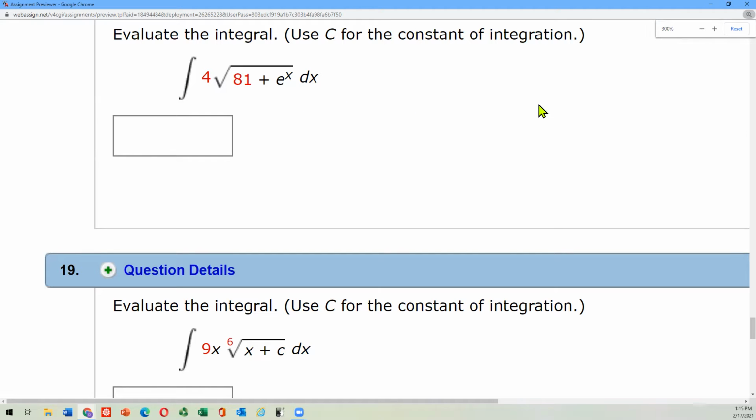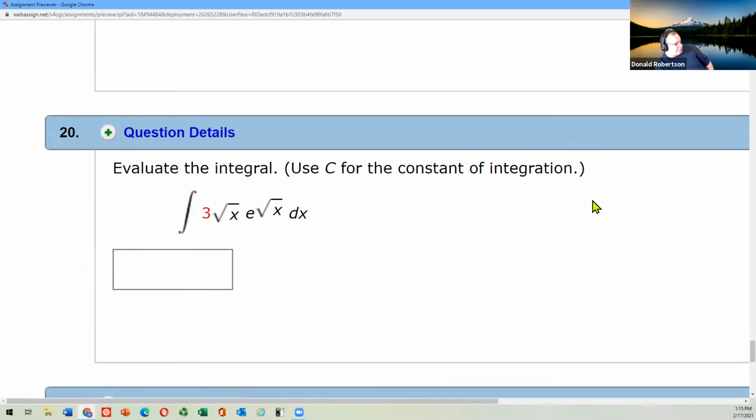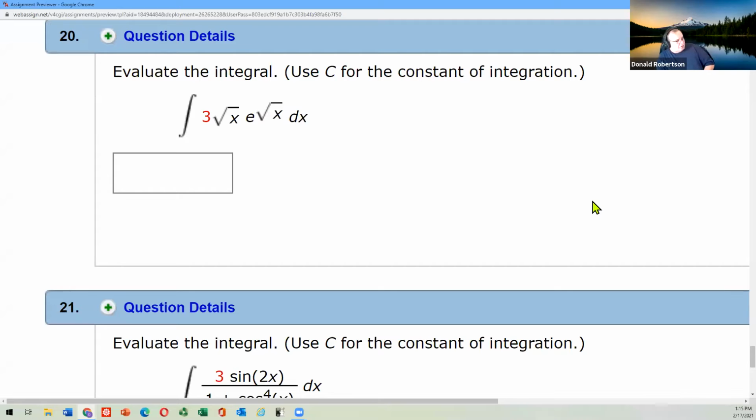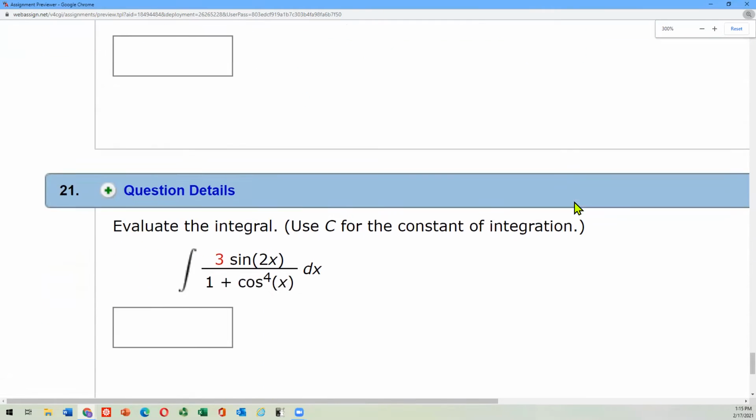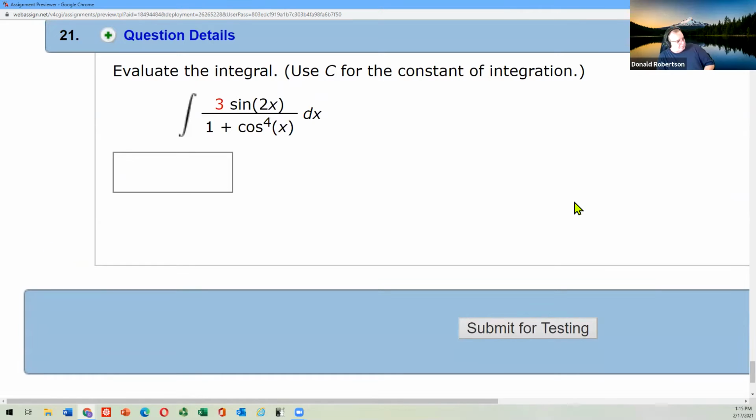Yep. You have other stuff to do later, but yep, that's it. What do you think the u sub in 20 is going to be? Square root of x. Yep, works out quite well, actually. Last one. What do you think the u sub's going to be here?